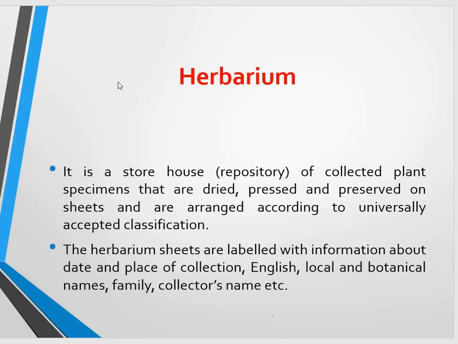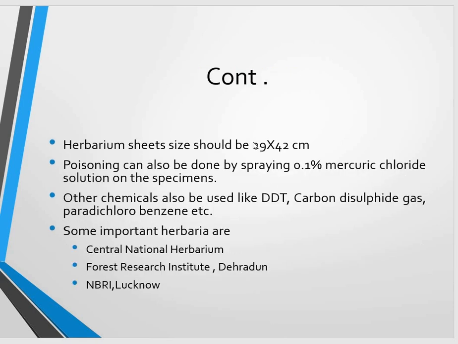The sheet will have information like the place of collection, English, local and botanical names, family, and the collector's name. This sheet has a certain size, that is 29 by 42 centimeters, and the specimens are preserved in certain chemicals also.